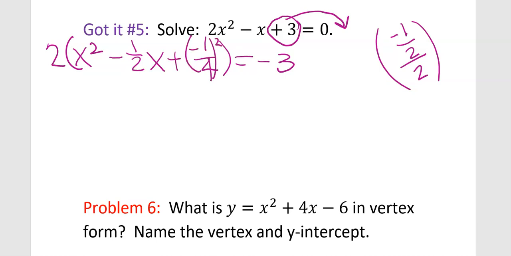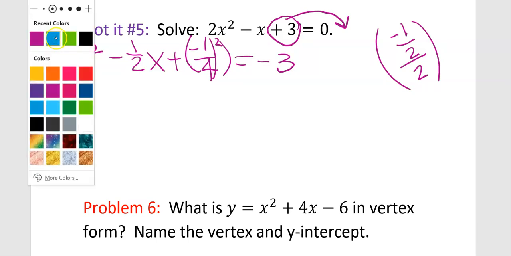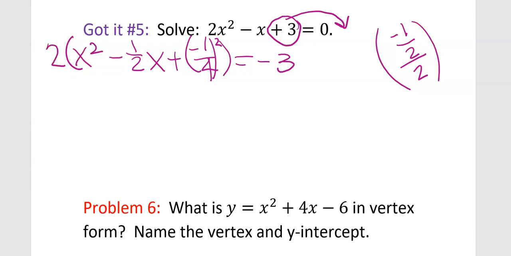Fractions are not really that fun to do. Now remember, the number we add to the other side has to include this 2 with it. So I'm adding 2 times -1/4 squared. You could multiply it out if you wanted to, but why?